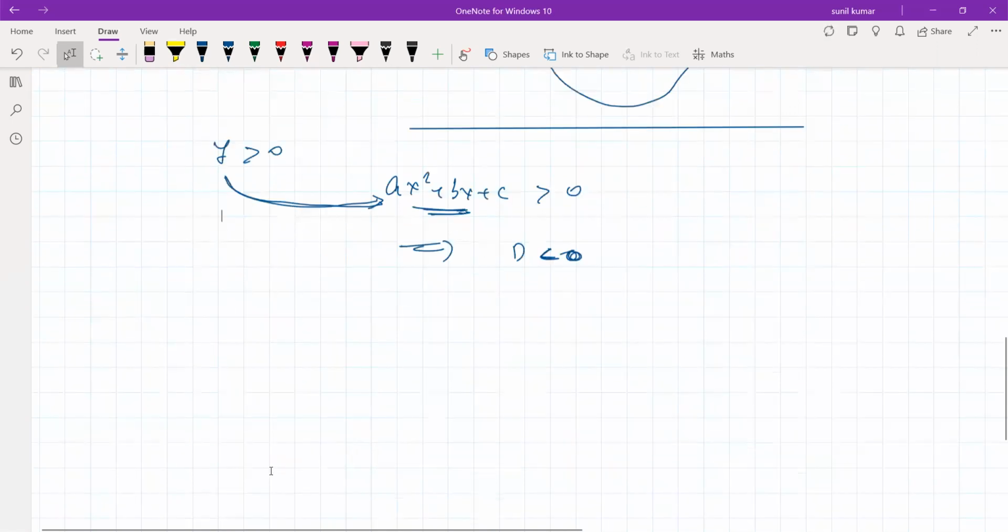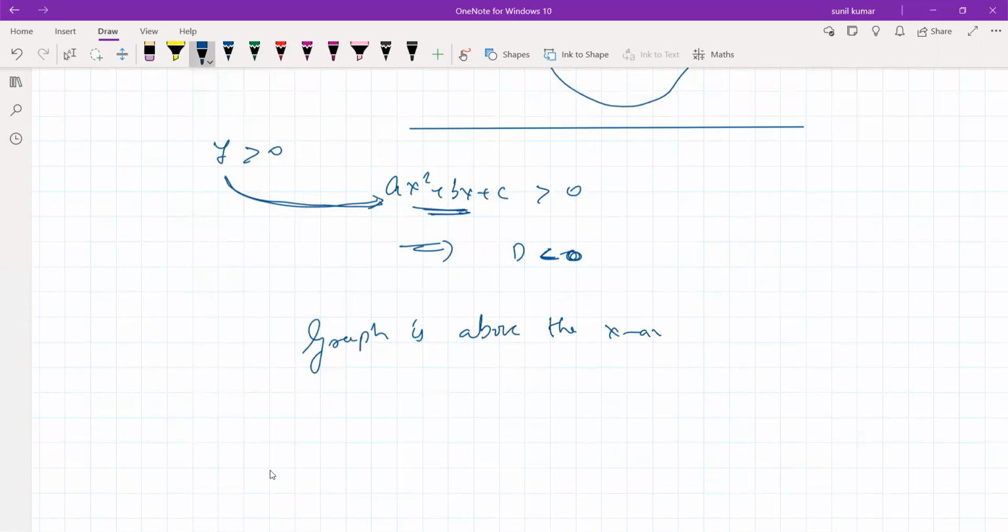So here the graph is above the x-axis. So the discriminant should be negative in that case. You should remember, expression is positive means the graph is above the x-axis.